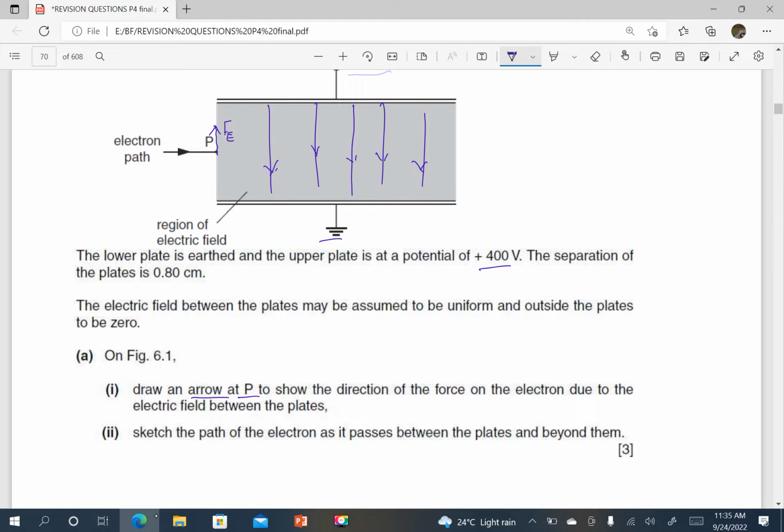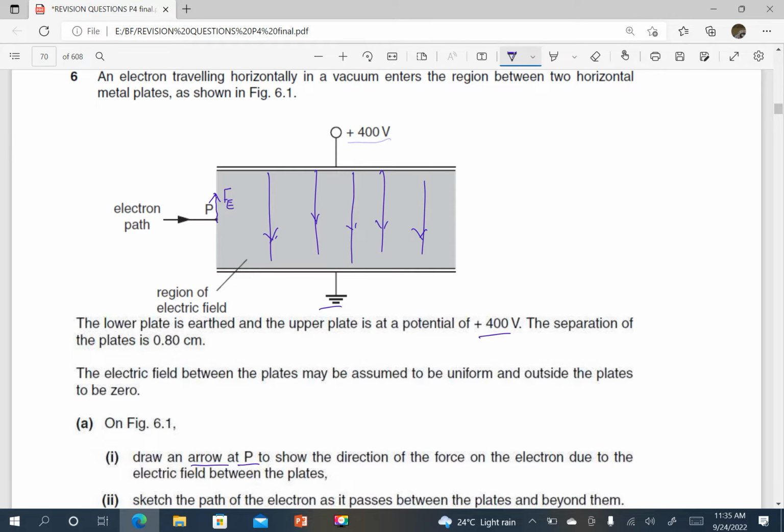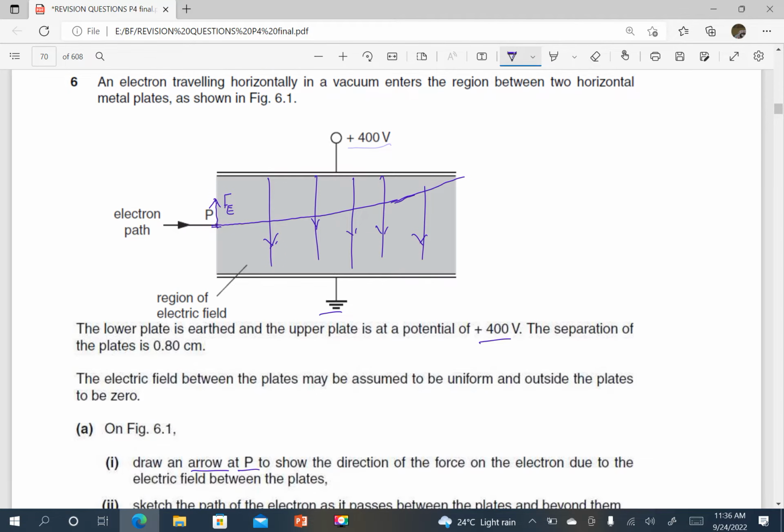Then sketch the path of the electron as it passes between the plates and beyond them. So since it experiences a force upwards, therefore the path will be parabolic. I don't know if I can draw this very well, but the path will be parabolic towards the upper plate. And of course, when it emerges from the plates, the line will now be a straight line, which will be a tangent to that path.